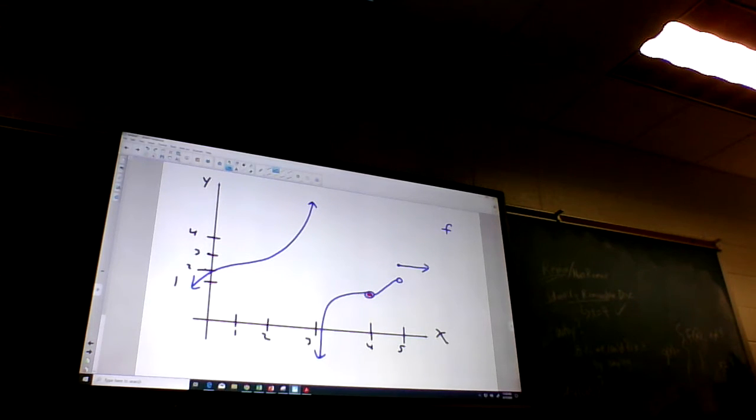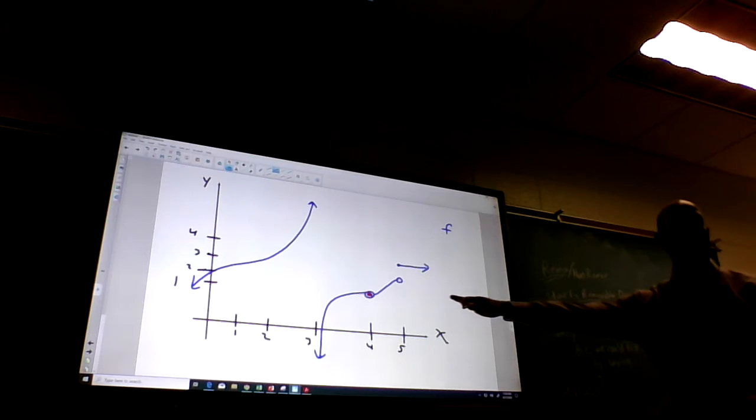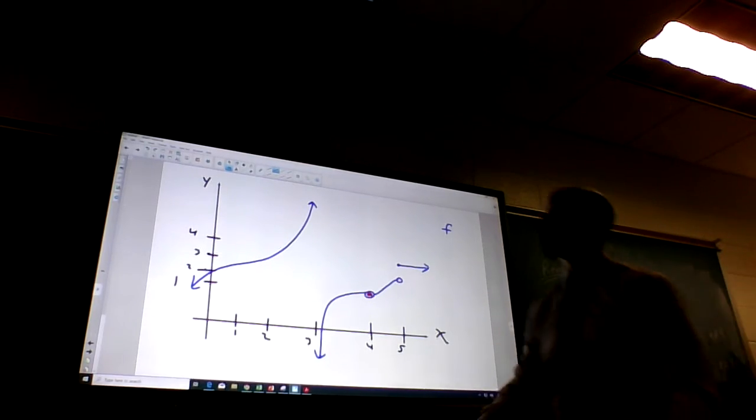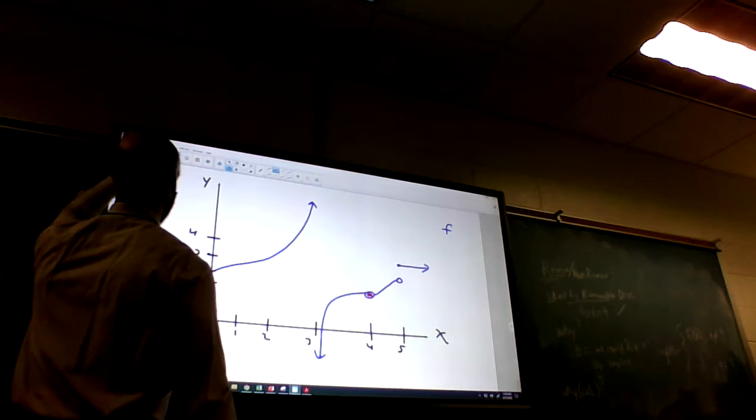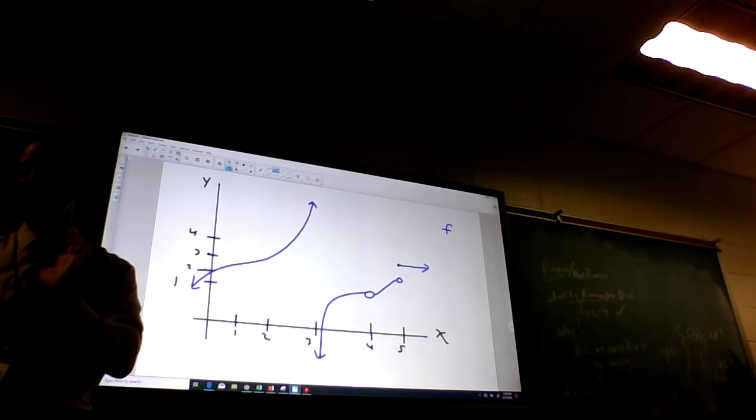Why is it removable with calculus? And let me first start by showing you why. And by the way, we're talking about f right now, correct? So I'm going to undo what I just fixed. Okay, so that hole's back there, right? So that's a removable discontinuity.